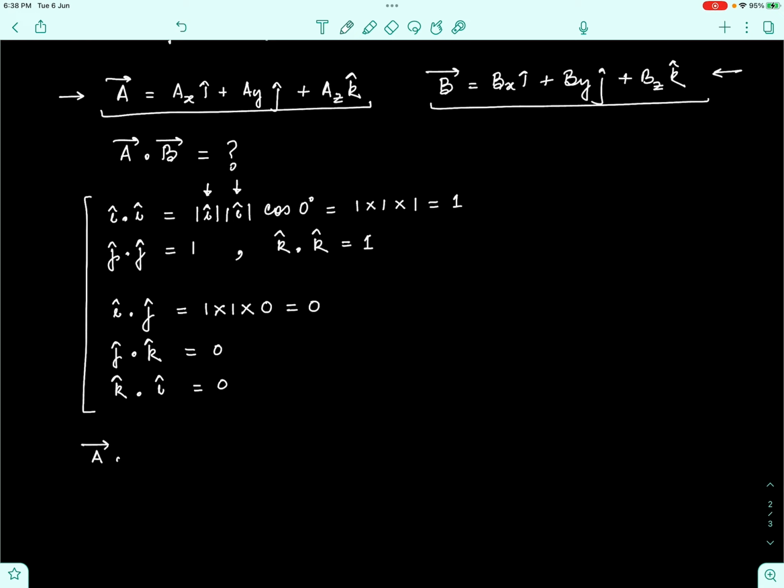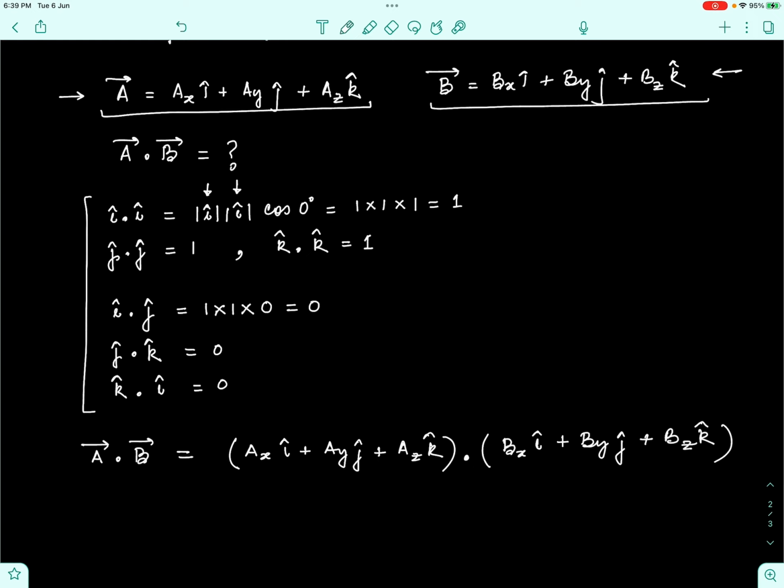So, A dot B, when we write, we have the vector A, which is given as Ax i cap plus Ay j cap plus Az k cap, and we are taking its dot product with vector B, which is Bx i cap plus By j cap plus Bz k cap.